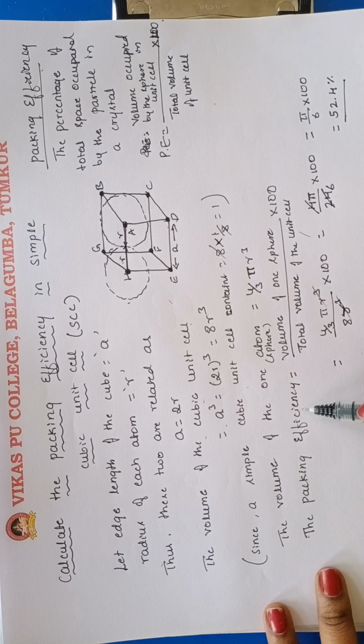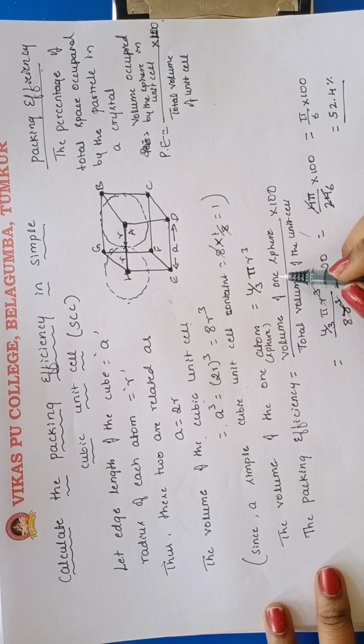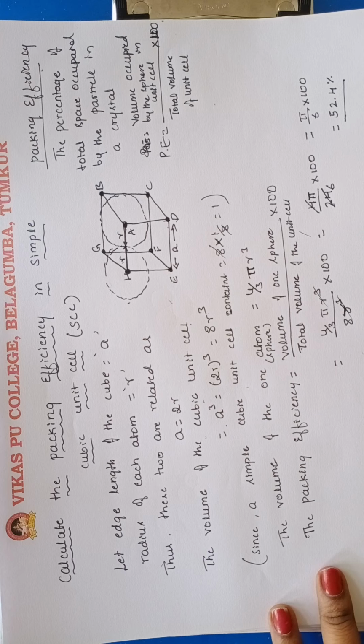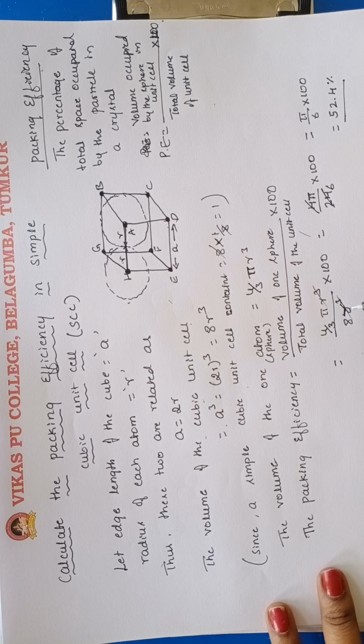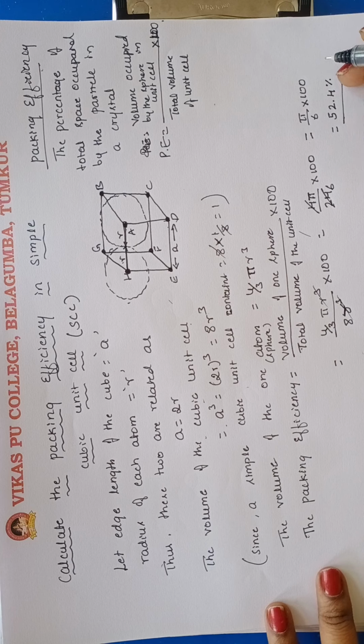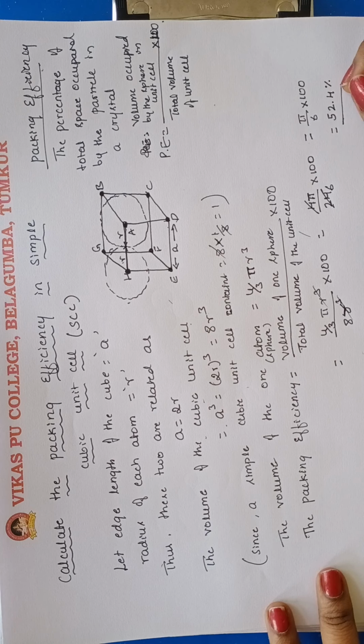The packing efficiency is the volume of one sphere, here 1 sphere in SCC, in other unit cells it is different, divided by the total volume of the unit cell, into 100. That is 4 by 3 pi r cube by 8 r cube into 100. Simplifying this, we get 52.4%. This is the packing efficiency in the SCC.